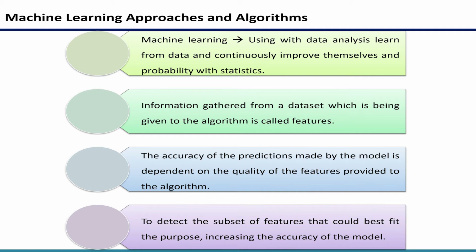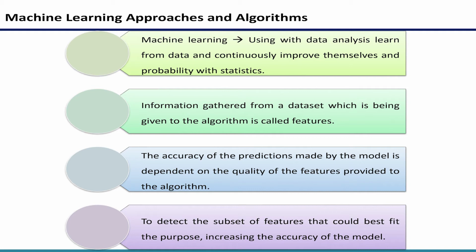The machine learning algorithm collects information from the data set given to it, which are called features, and the accuracy of the prediction made by the model depends on the quality of the features. Based on the features we have received, we extract them and make the model.